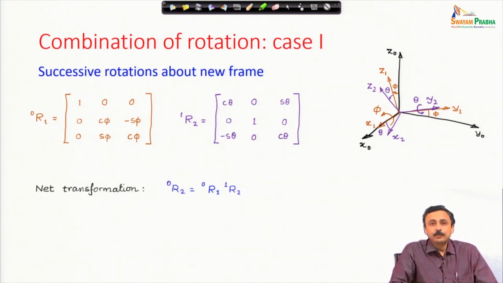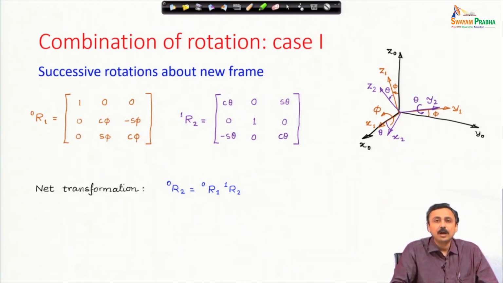The net transformation from 2 to 0, that is now of importance, that is what I want to find out. The net transformation from frame 2 to frame 0 means that if I had a vector in frame 2, whose representation is, say, px2, py2, pz2, what is its representation in frame 0? That means I want to find px0, py0, pz0.